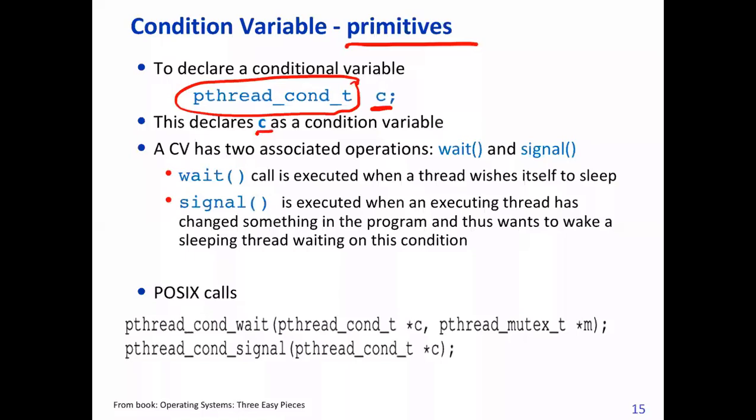Now we have to define operations like wait and signal. The wait call is executed when a thread wishes itself to sleep. Note it's different from yielding.